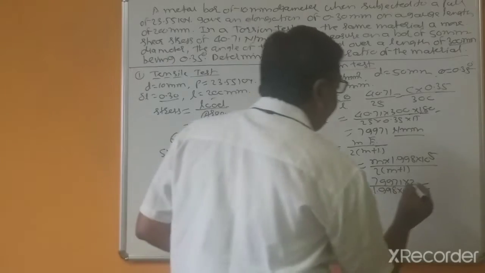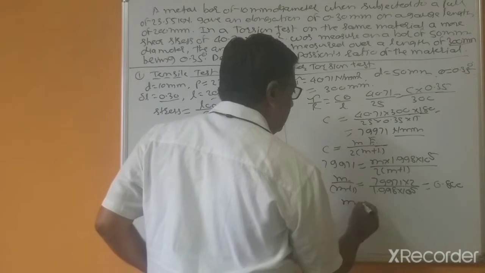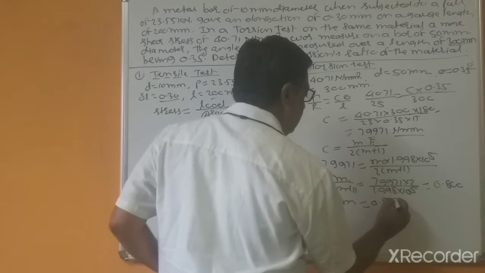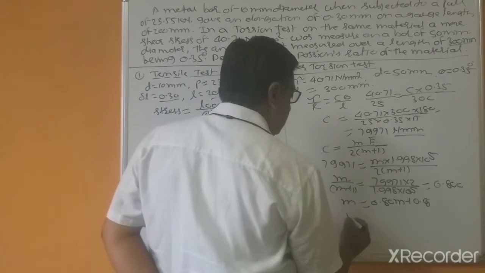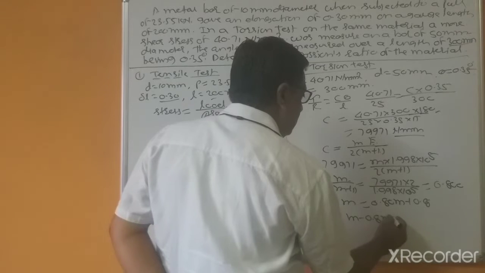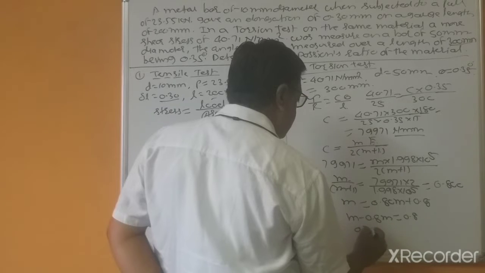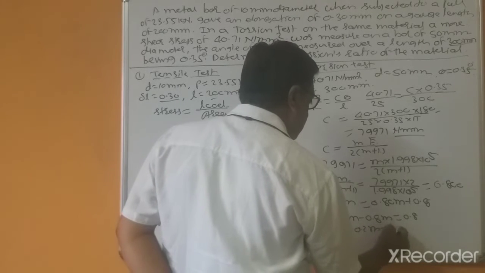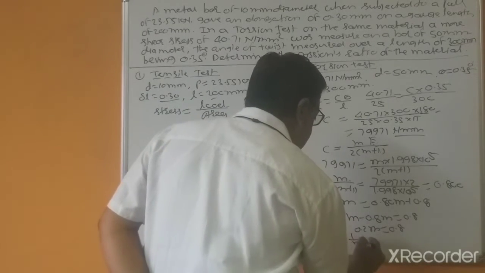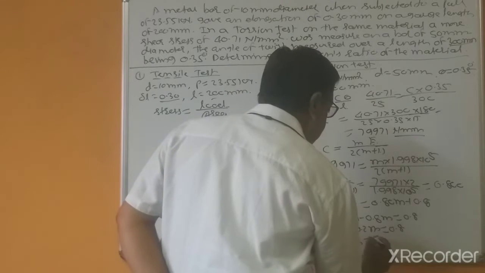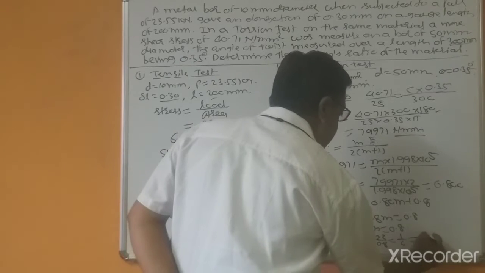So this is equal to 0.80. So that's why m equal to 0.80 m plus 0.8. Now 0.2 m equal to 0.8, or 1 by m, because this is Poisson's ratio, 0.2 divided by 0.8 is 1/4, which means this is correct.